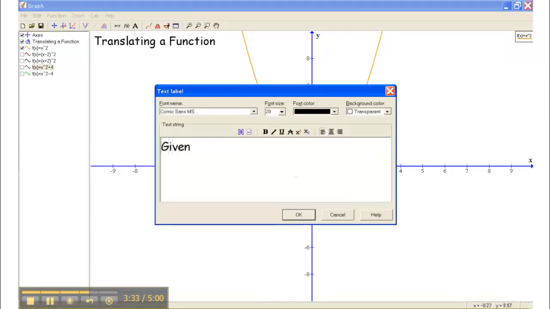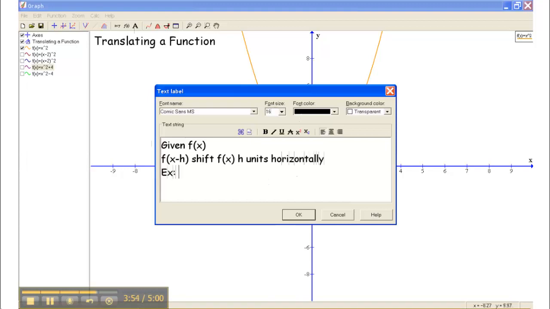If we were given f of x, let's make this a little smaller here. If we had f of x minus some value, this would shift our function some number of units in the horizontal direction.